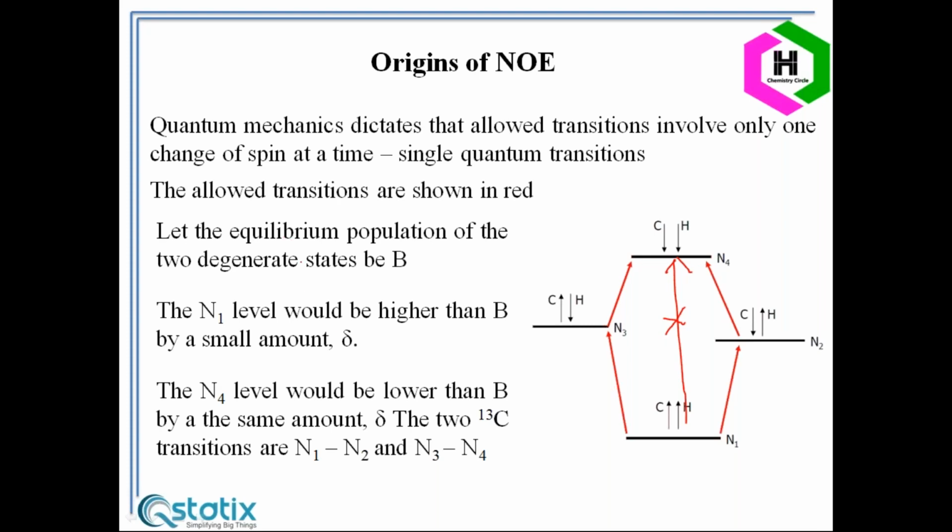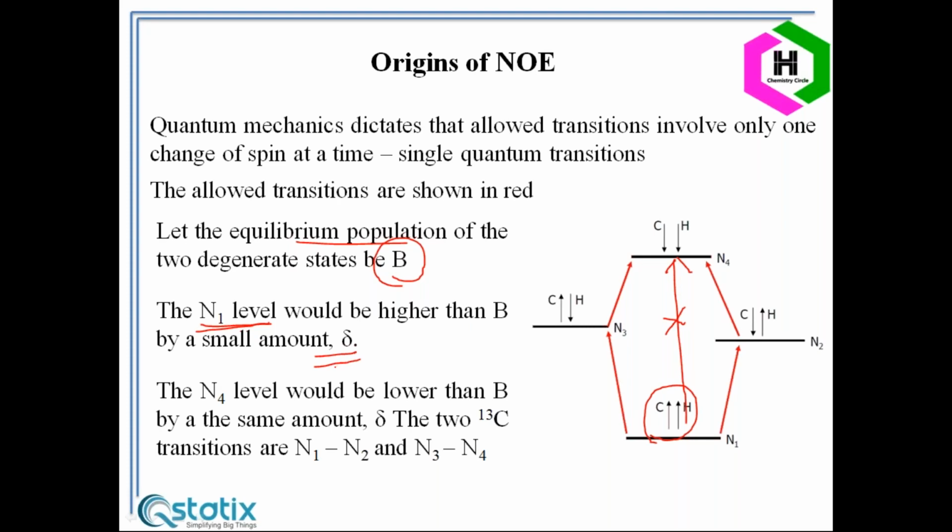If you talk about the equilibrium state, the population of the two degenerate states will be at the level B. The N1 level is the highest one you will see, and it would be higher than the B value by a small amount delta.